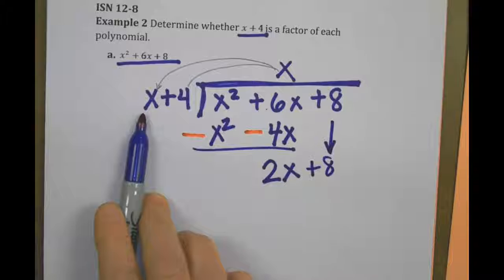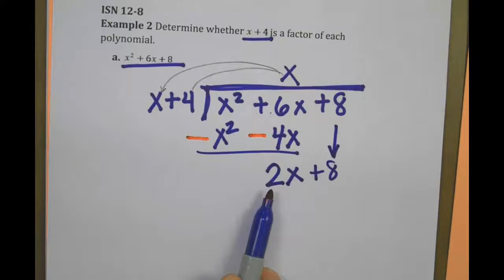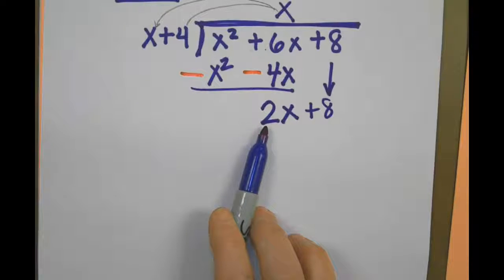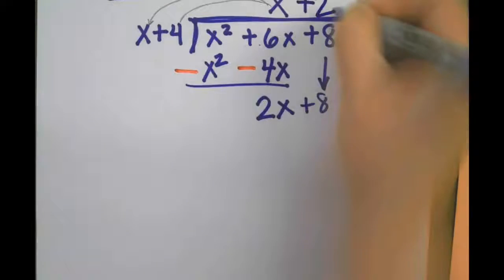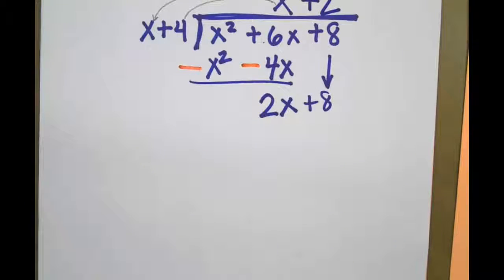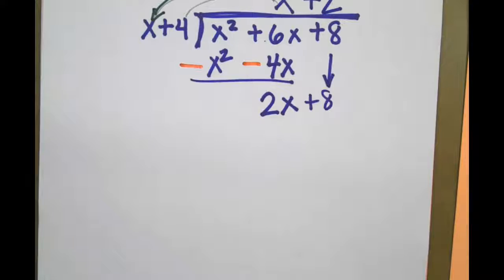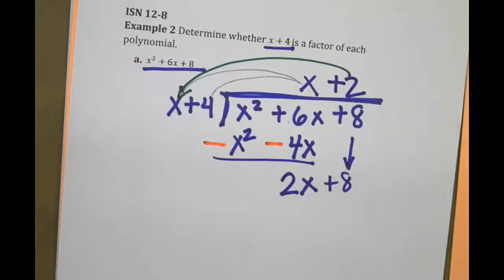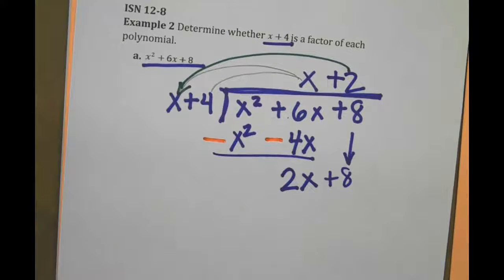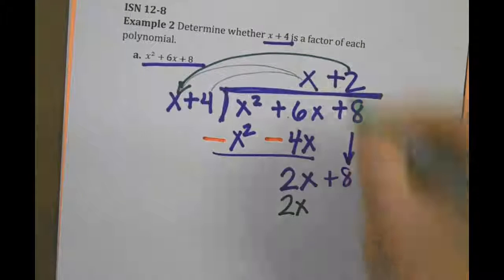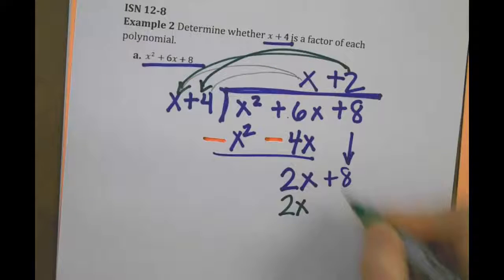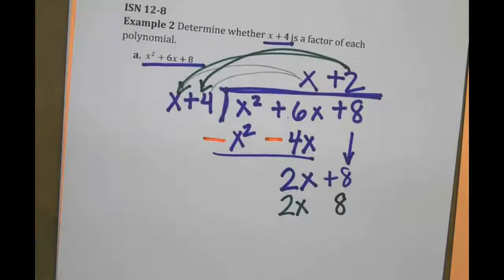What do I need to multiply x by so that it would be equal to 2x? So 2 times x, oops, I went off the screen. 2 times x is 2x. 2 times 4 is 8.